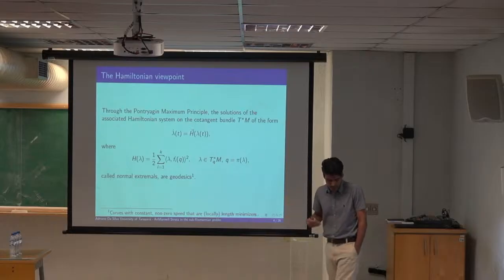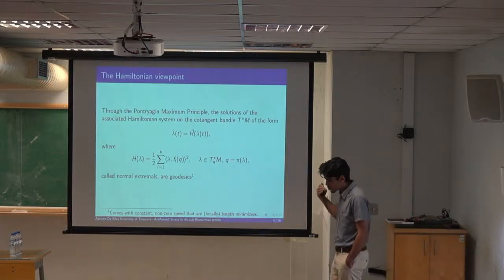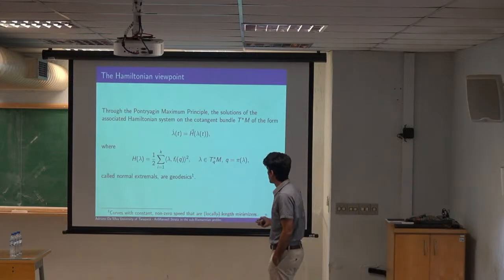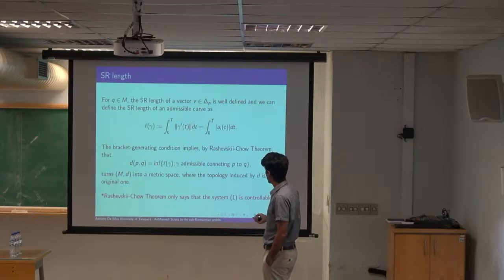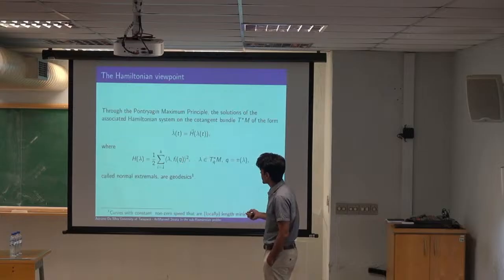That's the interesting part, because you start with a control problem, and then you show that any minimizer, meaning the solution that connects P and Q and satisfies this infimum, is actually the solution of this Hamiltonian system.